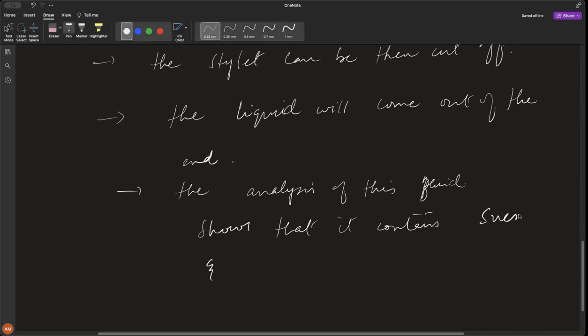Why sucrose? Because sucrose is the transportative form of the carbohydrates, and in phloem it is translocation or transportation that is taking place. So there cannot be starch, it should be sucrose. Is that clear?